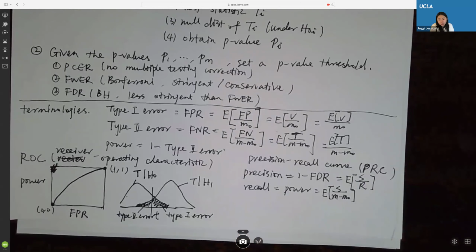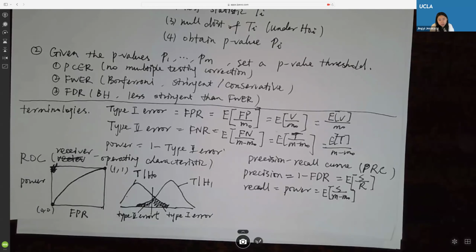So the precision recall curve is also used as a parallel to the ROC curve, especially in classification problems where you want to predict whether an individual has a disease or not, right? Remember, I mentioned this distinction between hypothesis testing and binary classification in the first class. But in the classification setting, ROC and precision recall curves are used a lot.